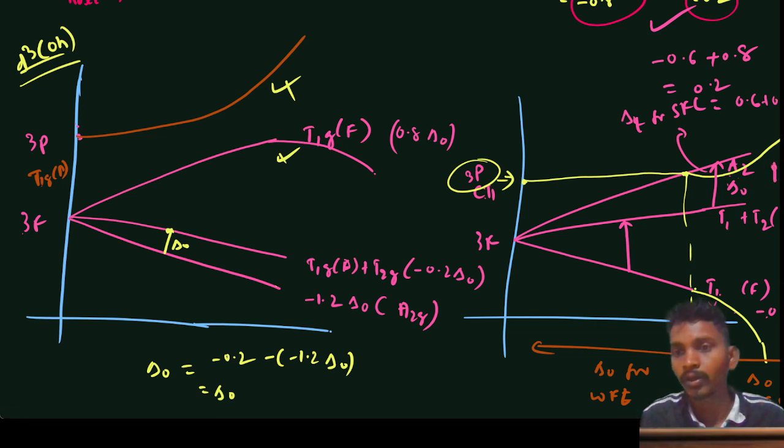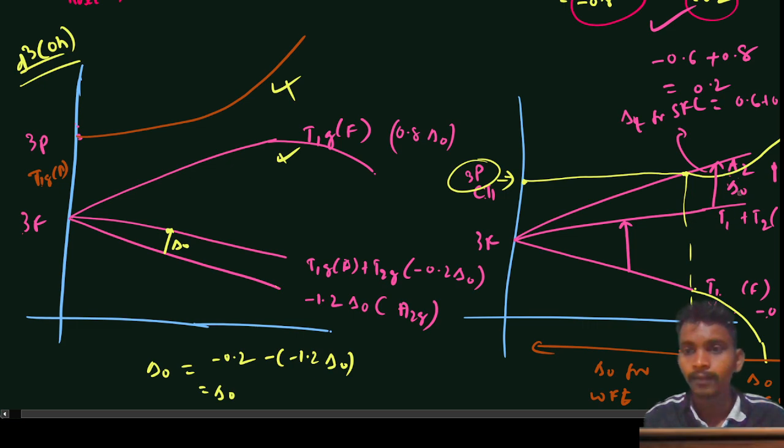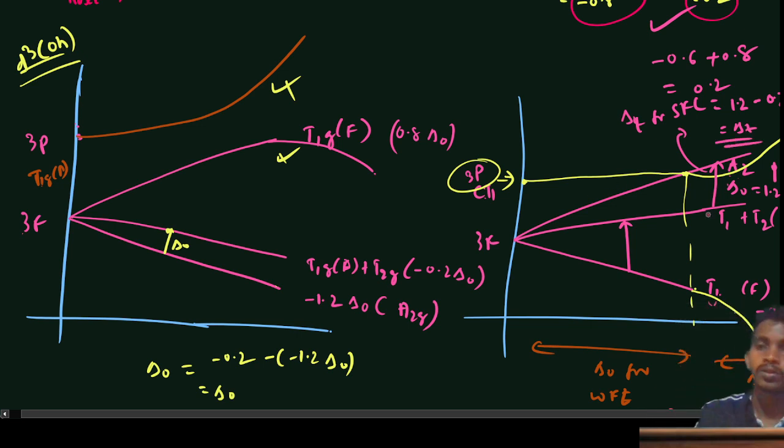So this value will be 1.2 minus 0.2, that is going to be the delta T. So this is not 0.6, that is 1.2 minus 0.2, that is going to be the delta T. So this is for strong field ligands.